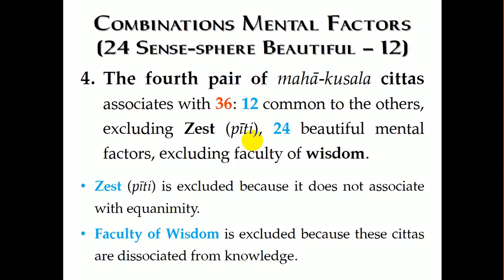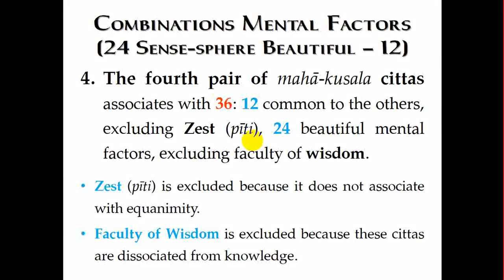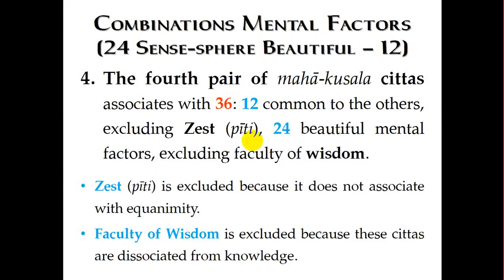And the third pair, also 32. Zest will be excluded and wisdom will be included again. And the last pair, the fourth pair, will associate with only 31, right? Only 31, because zest and wisdom will be excluded.